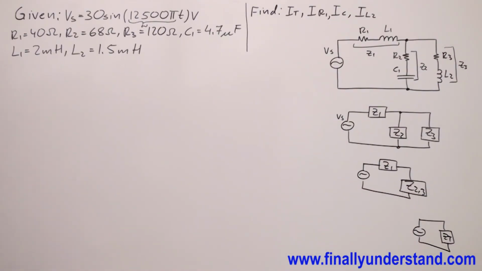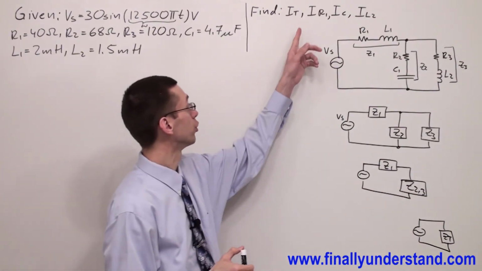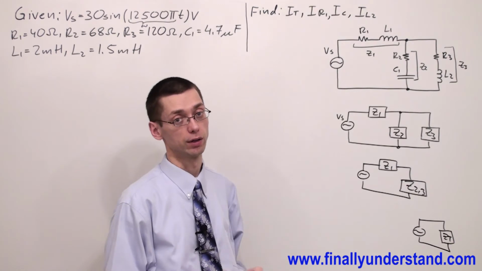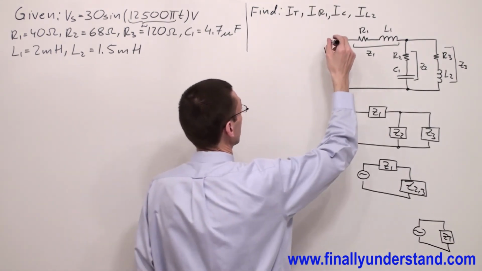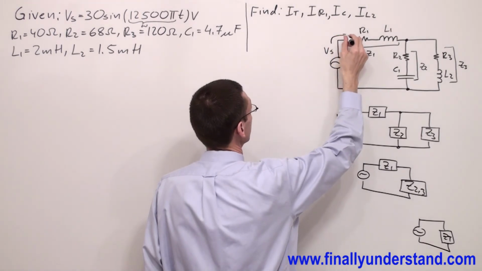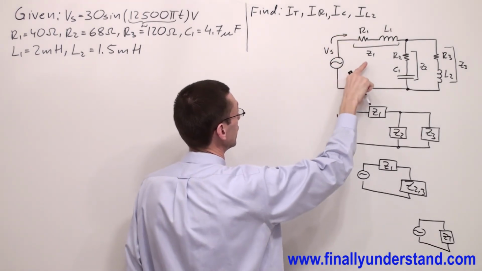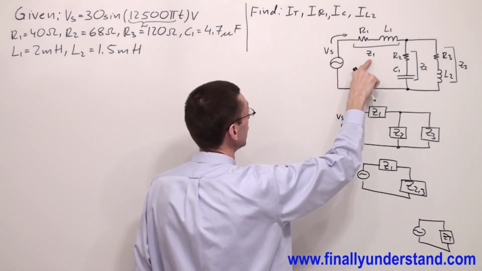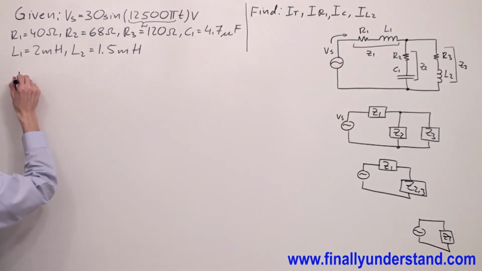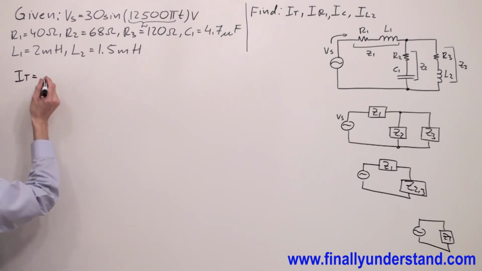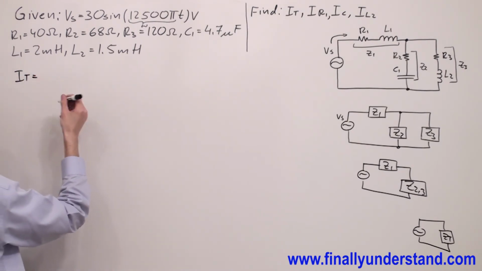Next, we're supposed to find the current which goes through resistor R1. Please notice that total current will go through impedance Z1. So it means that I total is equal to the current which goes through resistor R1.